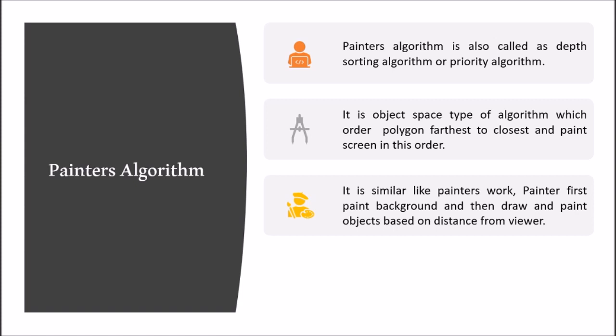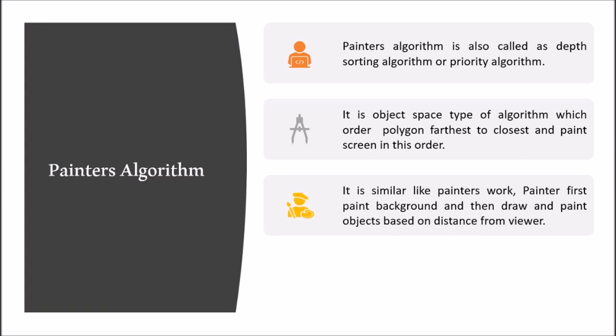It is similar to a painter's work. Painters first draw or paint the background, then the object which is farther from the viewer, then according to the distance they keep drawing, and finally they draw the object which is very near to the viewer.